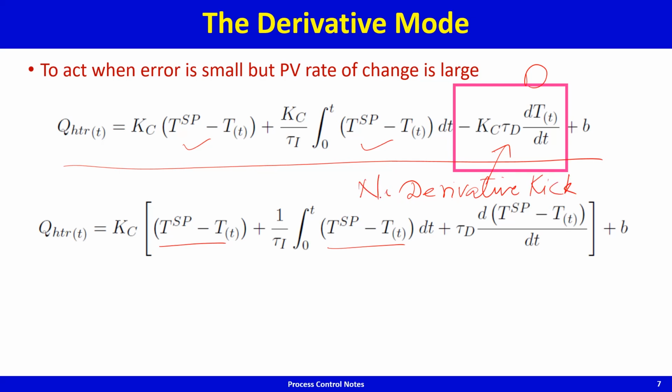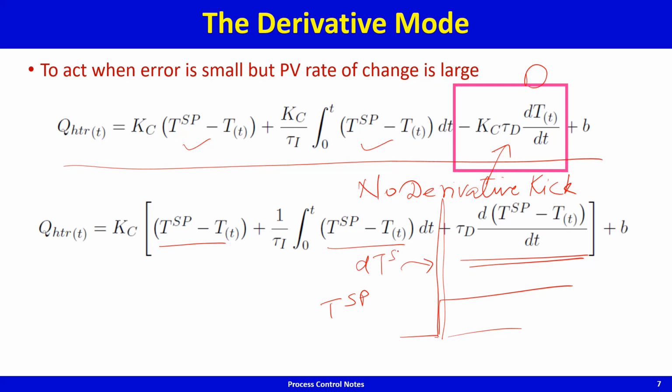No derivative kick. You see, let us say I change the set point. Let's look at this term. If the set point changes as a step, then the derivative of set point when the step occurred would be a Dirac delta, dT set point by dt.